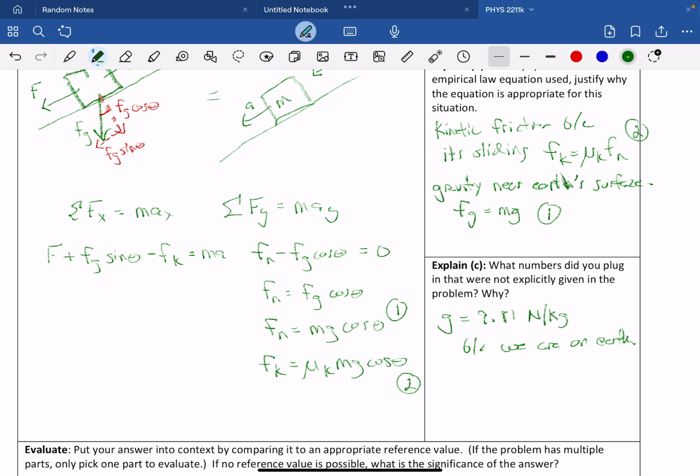All right, well, now that we know what the friction force is, we can bring that over to the x equation. So this tells me that the applied force, the push F, plus mg sine theta, and I can put a little 1 here too because I used force of gravity as mg again, minus the force of friction, which is mu k mg cosine theta equals ma.